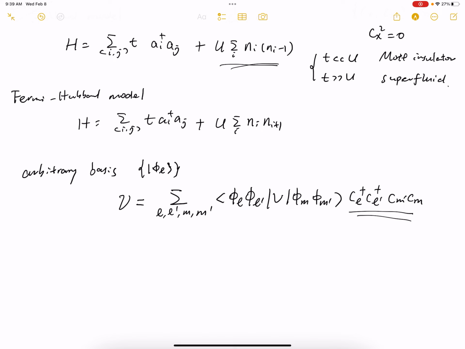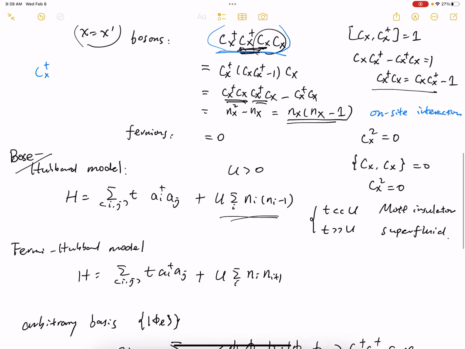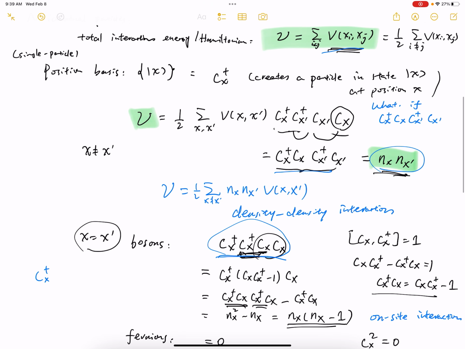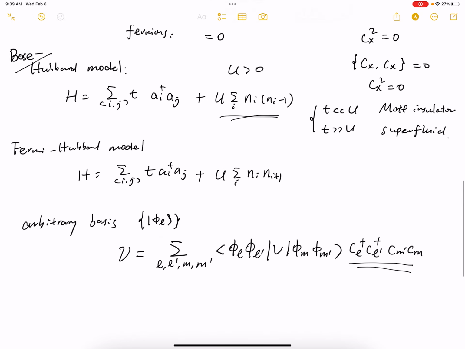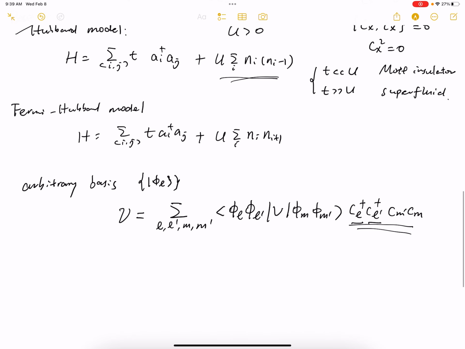So this particular order is similar to the order we just talked about. Here we have CX dagger, CX prime dagger, CX prime, CX. And here we have CL dagger, CL prime, CM prime, CM. It's in a similar ordered fashion.